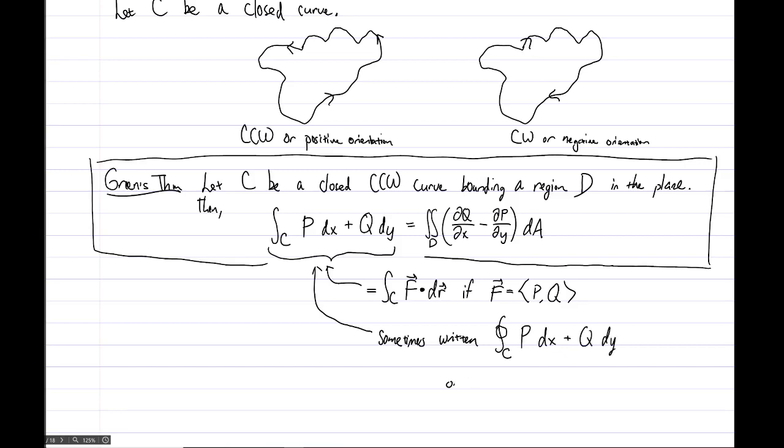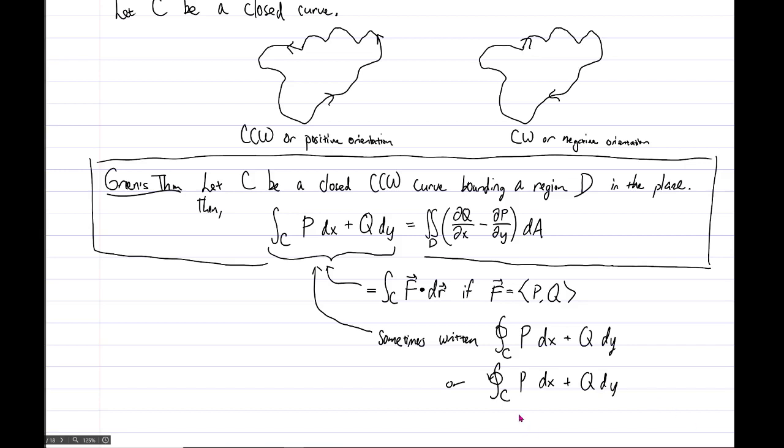Other books prefer to include inside this picture a little part of an arrow that shows that counterclockwise orientation. Something like that, P dx plus Q dy.